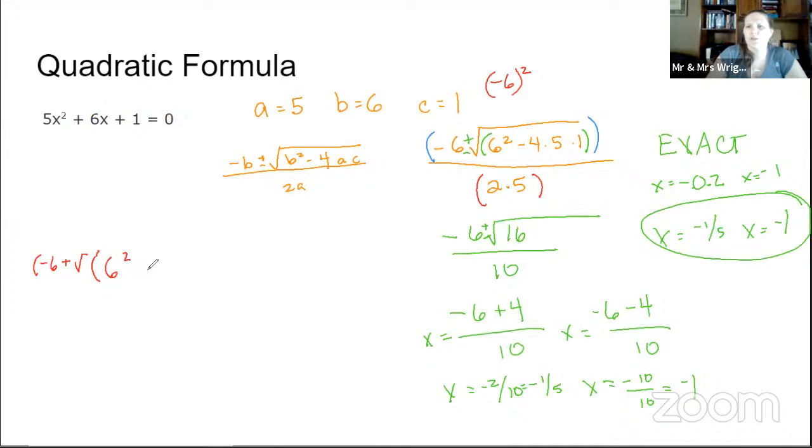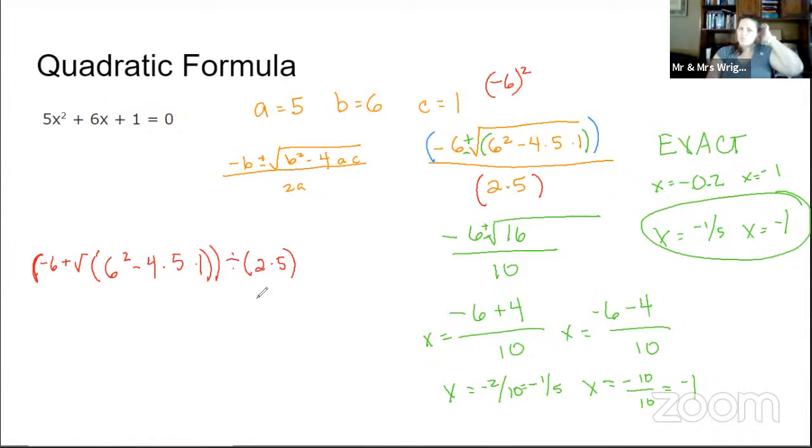And there's a squared button, or you could use your caret too. -4 times 5 times 1, close parentheses, that one matches this parentheses, close parentheses again, that matches this first parentheses here. Then you're going to do divide, open parentheses, 2 times 5, and close parentheses.